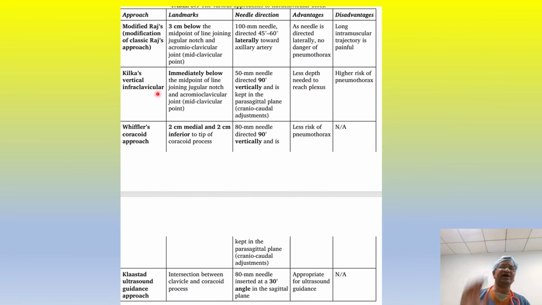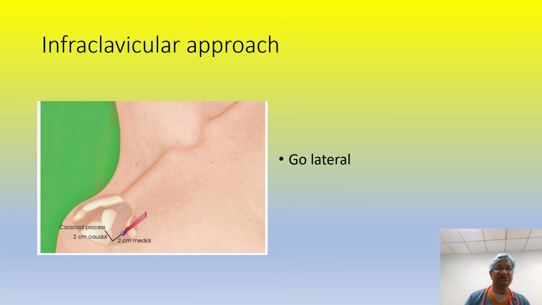There are a lot of approaches in infraclavicular. Supraclavicular is over. Infraclavicular means below the clavicle: modified Raj, vertical, coracoid approaches, and ultrasound guidance. I will tell you in a simple way, without ultrasound: coracoid process, 2 centimeters medial, 2 centimeters inferior, go laterally.